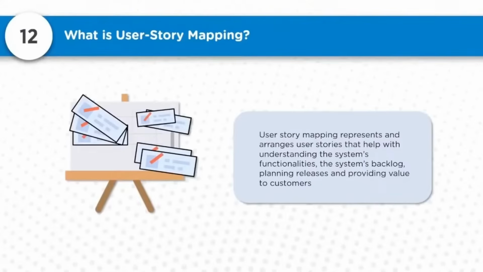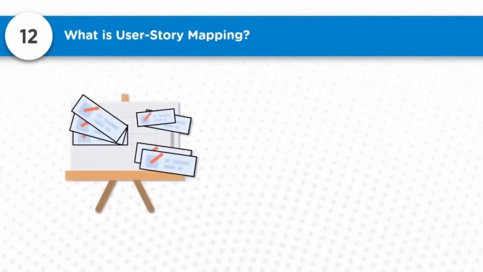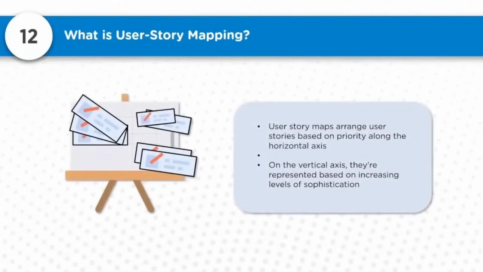Now if we map those user stories, determining which user story links to which other story, and which functionality links to which other functionality, becomes easier. User story maps arrange user stories based on priority along the horizontal axis. On the vertical axis, they are represented based on increasing levels of sophistication. This helps in handling things in a specific flow, so that things can be done in order with full clarity.